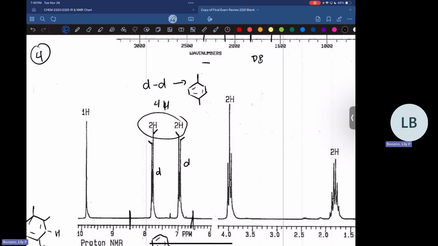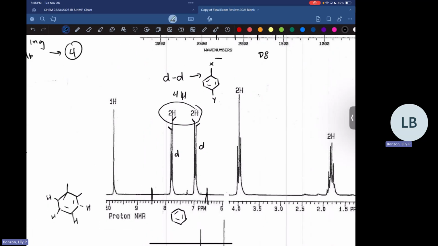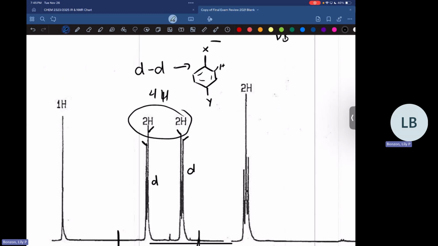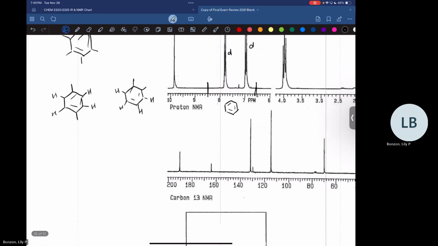We're going to have this substitution pattern, where X and Y would just be whatever substituents, and they're going to be directly across on the ring from each other. The reason for that is the plane of symmetry creates that even looking doublet-doublet pattern. So that's the telltale sign of that benzene substitution.